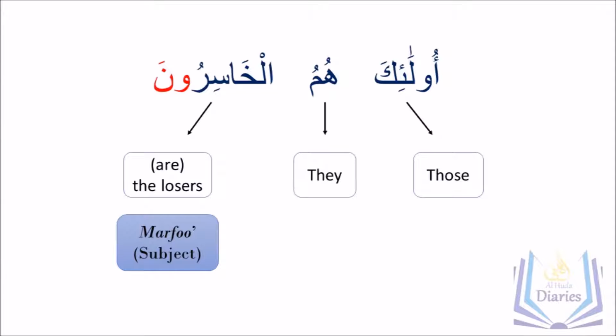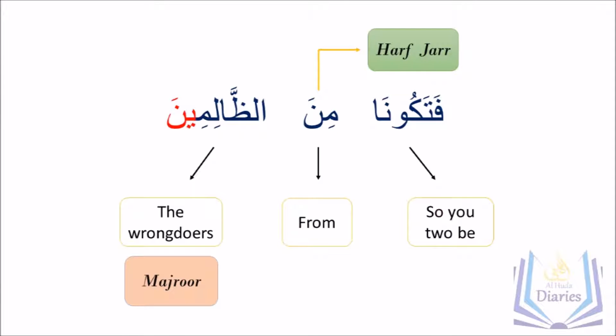Whereas when we see this other example where Allah subhanahu wa ta'ala says وَتَكُونَ مِنَ الظَّالِمِينَ, we see unlike khasirun, ظالمين is not in the state of rafa. It is not ظالمون, but rather it is in the state of jar, or it could be jar or nasab, ظالمين.